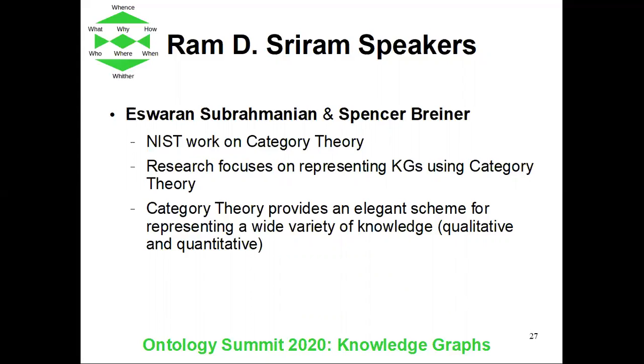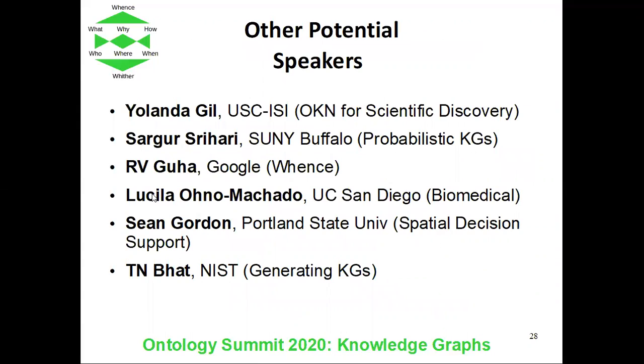And the claim here is that category theory actually will encompass all these things, and you can represent a whole wide variety of knowledge, both from the engineering pieces of knowledge, like for example, when you say F equals ma, which is a Newtonian law, to predicate calculus, and those kinds of things can all be represented in category theory. And I believe Ken Baclawski also is going to talk about it later on. So we have two presentations in this area, I believe. Next slide, please. And there are several speakers whom I have been in touch with.